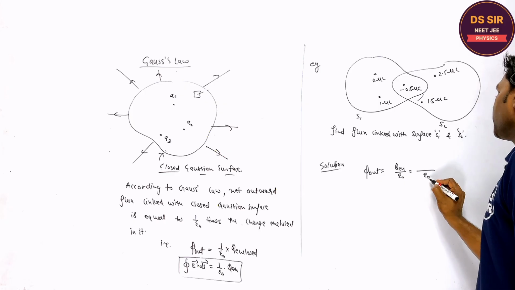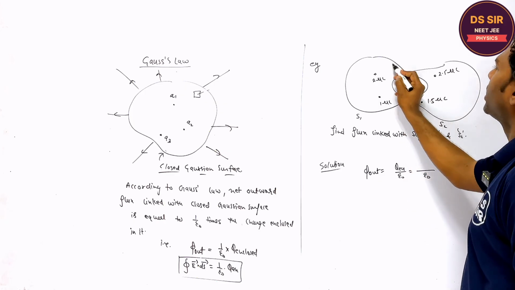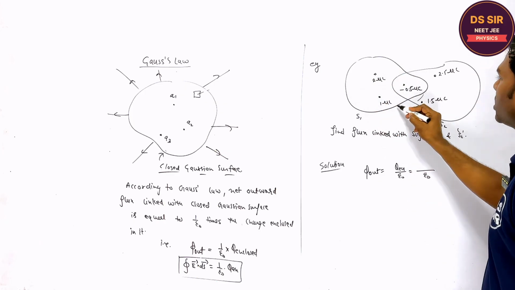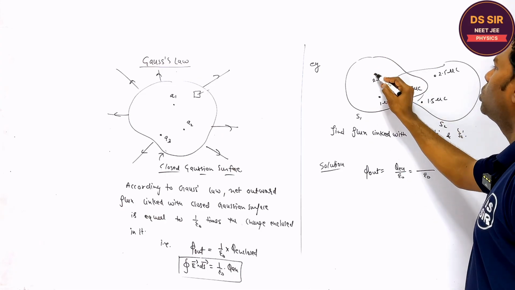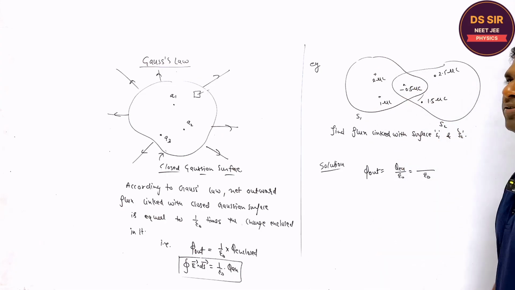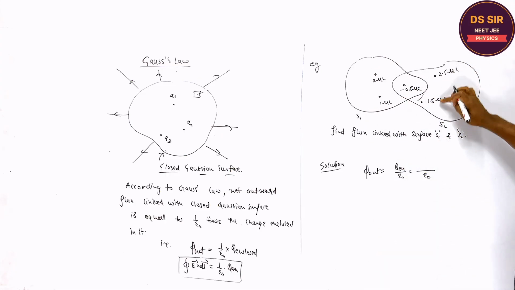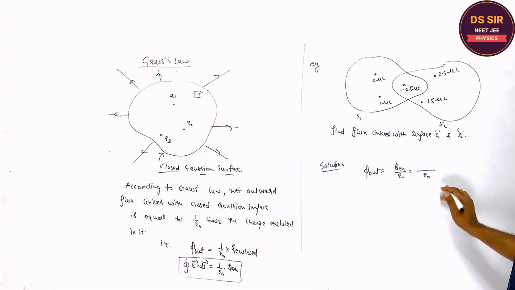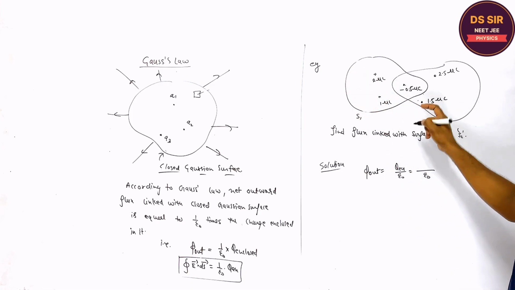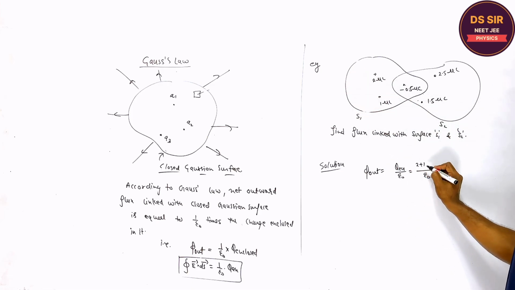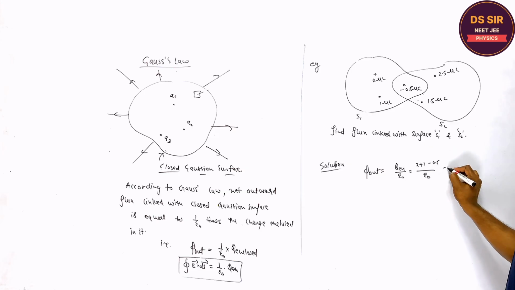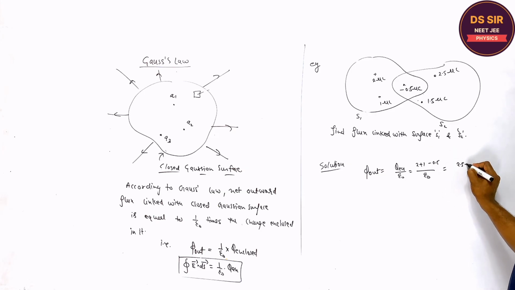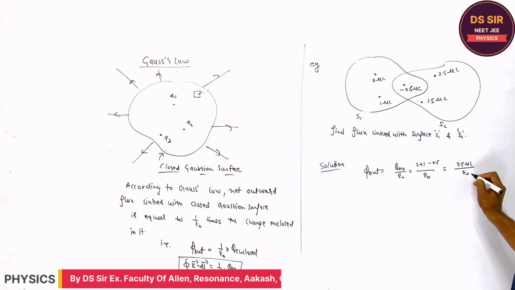Epsilon naught is as it is. What is the charge enclosed in it? In this surface, the charge enclosed is 2, 1 and minus 0.5. The 1.5 and 2.5 charges are not enclosed by the surface S1. So the flux for S1 is nothing but 2 plus 1 minus 0.5, which is 2.5 microcoulomb, divided by epsilon naught.